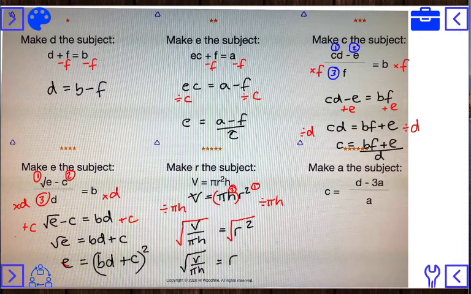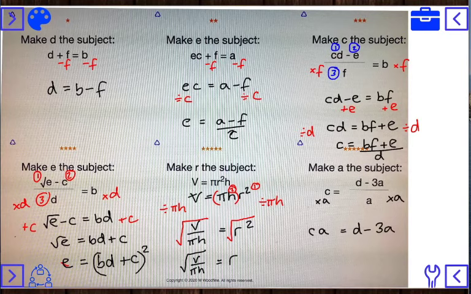Now, first of all, I need to get a on just one side of this, what looks a bit of a mess. So I'm going to move a onto the other side by timesing by a to get rid of the denominator. So I get CA is equal to D minus 3A.